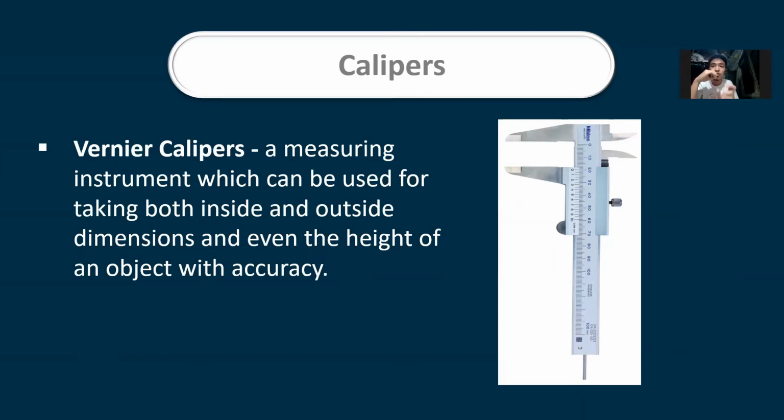Kung anong makikita mo, yun ang measurement. Pero, merong tinatawag na vernier scale. So, after mo makita yung obvious na measurement, may i-add ka pa. Tapos may multipliers na i-consider. Yung vernier scale na yun ay magko-compensate sa human estimation error.